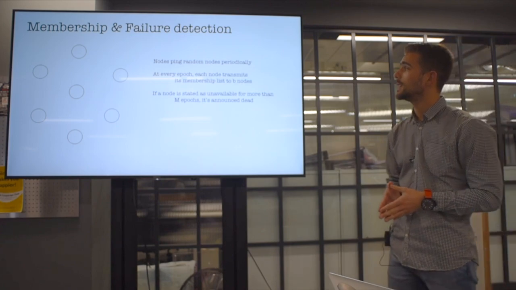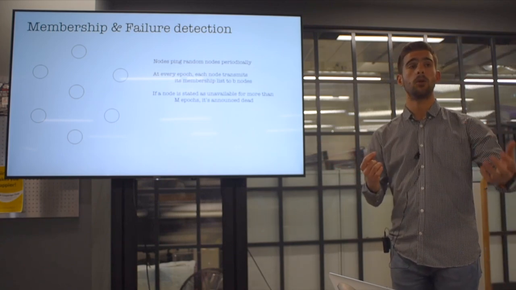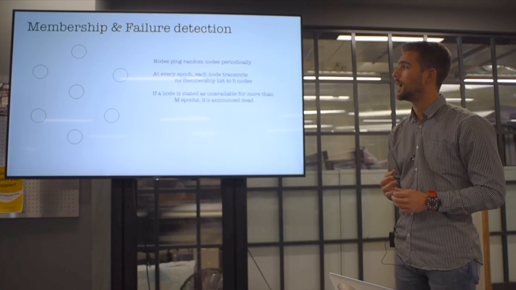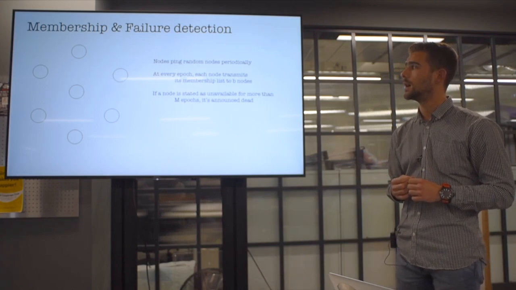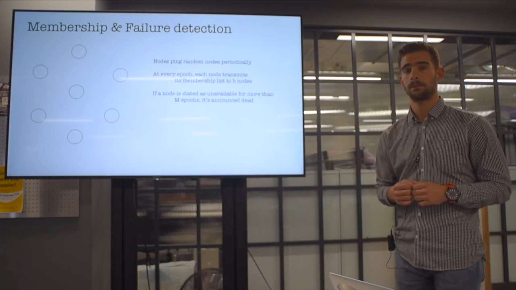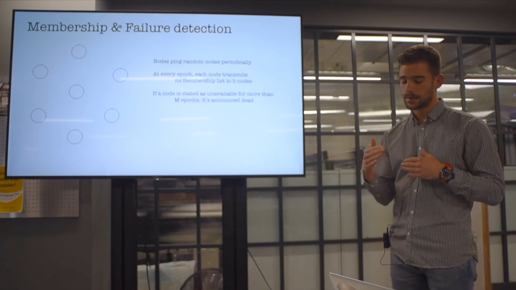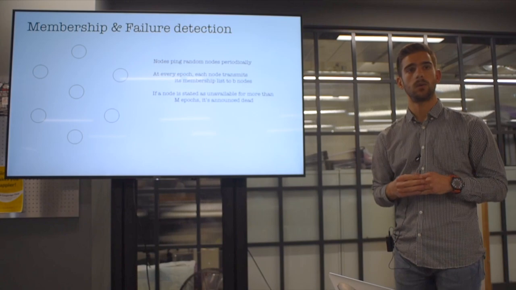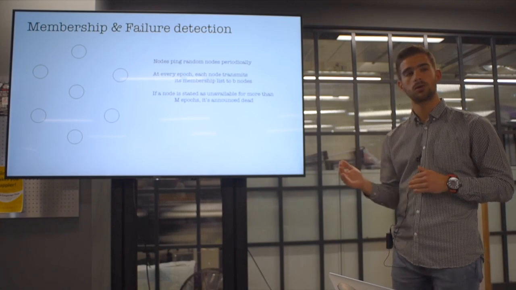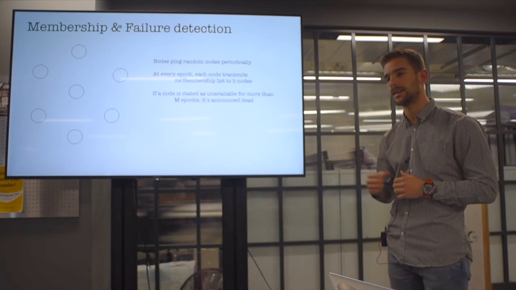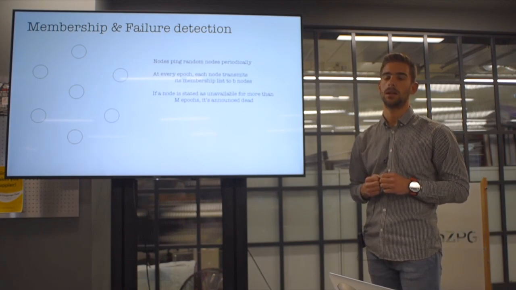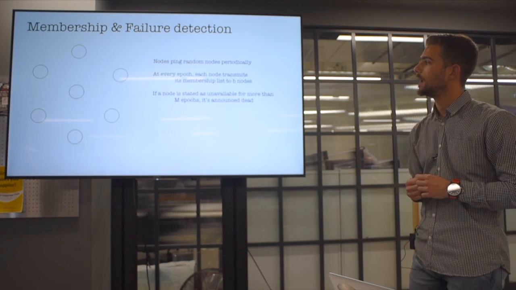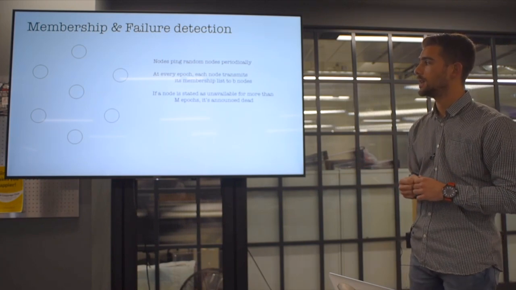And the way it works is at every epoch, at every period, each node picks B nodes randomly and transmits its membership table, which shows which nodes are alive or not, and perhaps other data like when was the last time I saw that node alive, or things like that. And that goes on recursively.